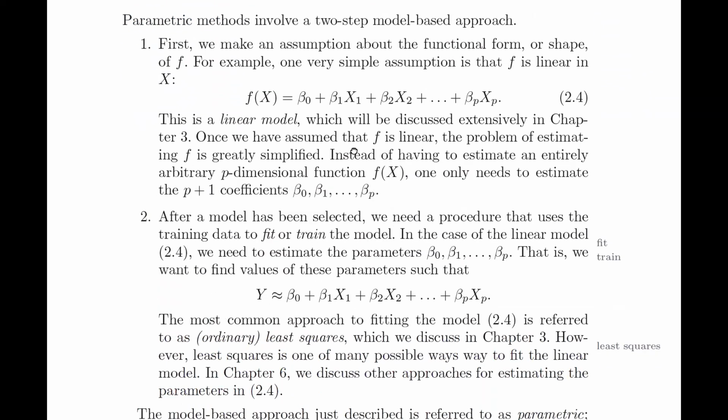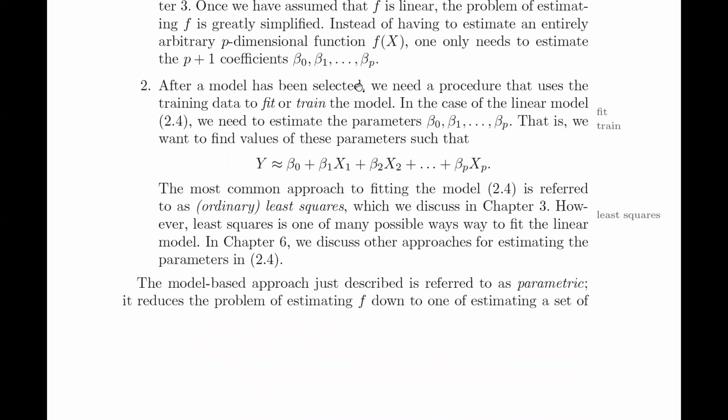Parametric methods, and I'm going to skim through this section, especially if, I guess we can always go back and watch the recording if you'd like to revise this. An example, this is just an example of a parametric method, is assuming linearity between y and the predictor variables that we're using to model y, and this will be chapter 3.